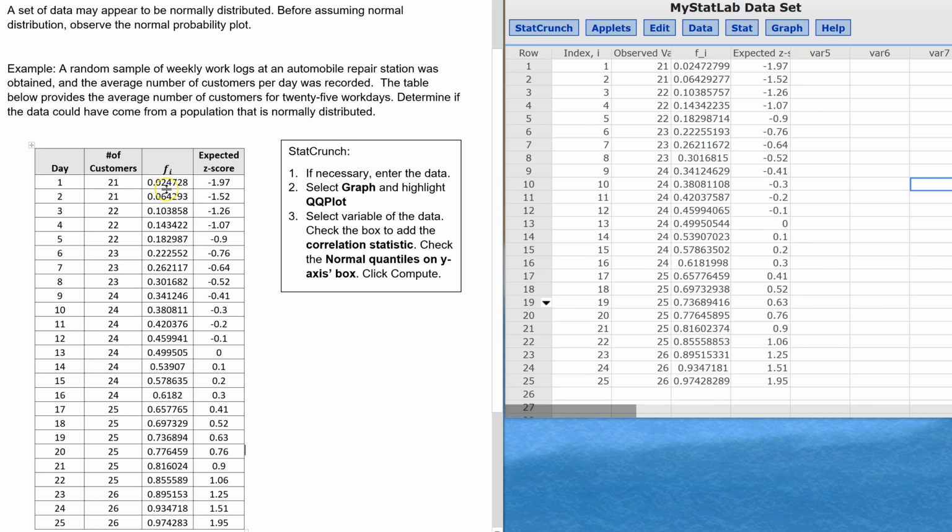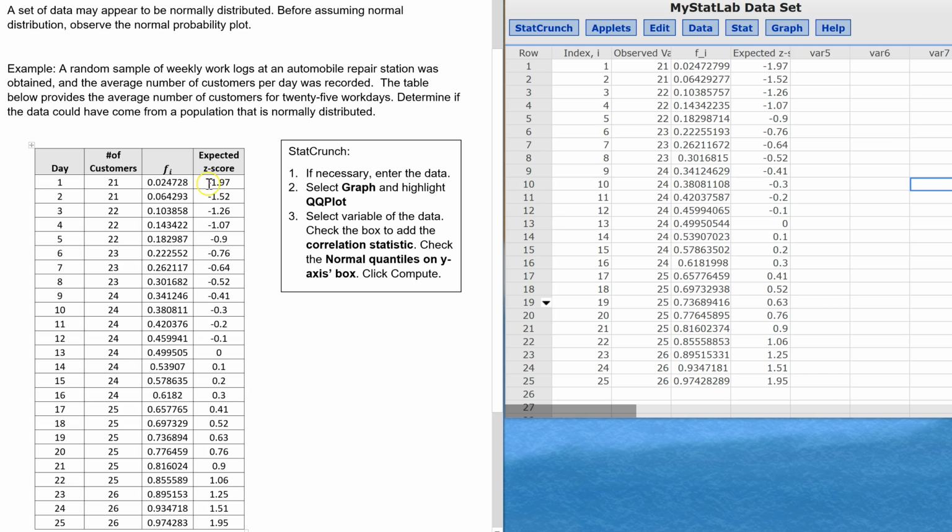The third column is calculated with the formula f_i equals (i minus 0.375) divided by (n plus 0.25), where i is the index number of the data value and n is the total number of data. So I've calculated that and given the f value for every index.